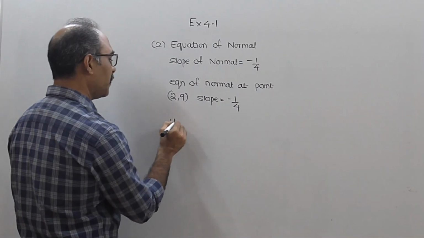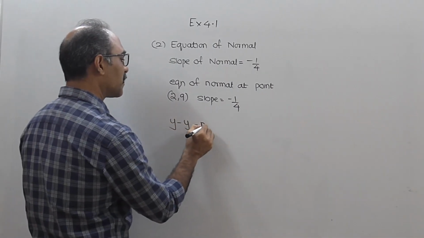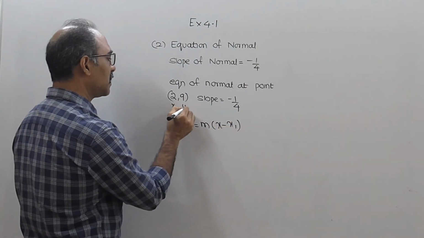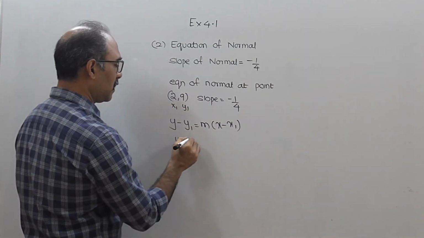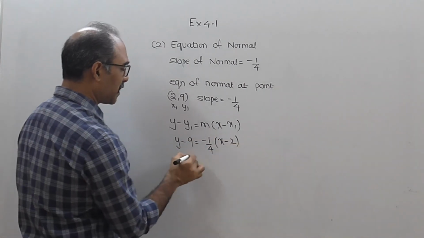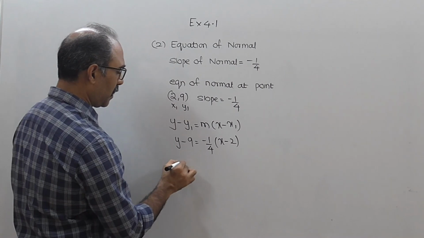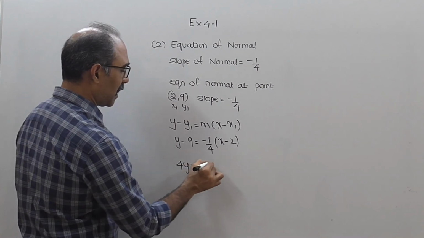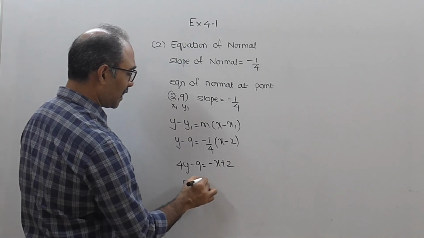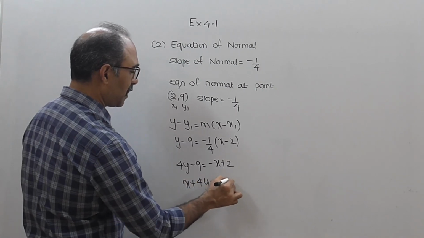So the equation will be y minus y1 equal to m into x minus x1. This is x1 and this is y1. This is y minus 9 equal to minus 1 upon 4 into x minus 2. Cross multiply: 4 into y minus 9 equal to minus x plus 2. We get this as x plus 4y minus 38 equal to 0.